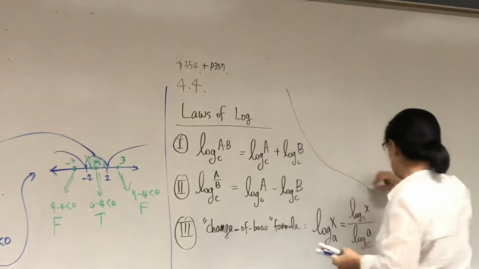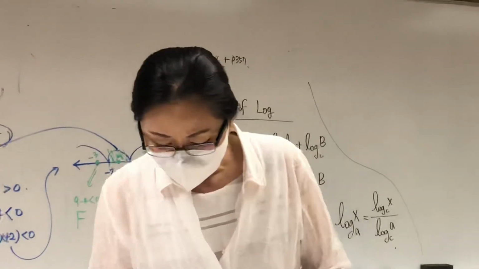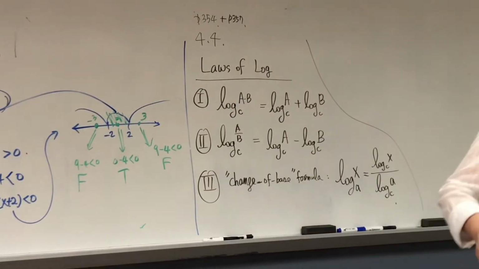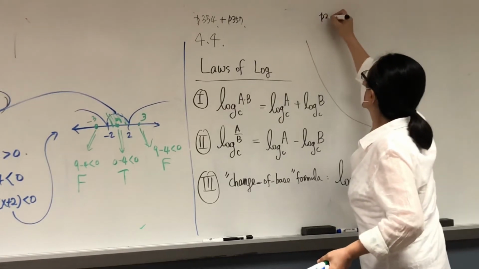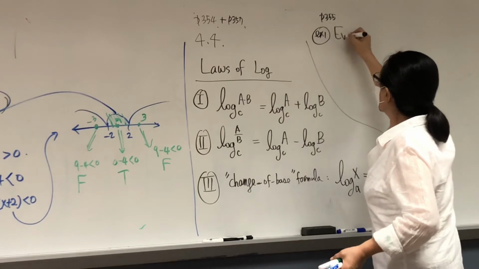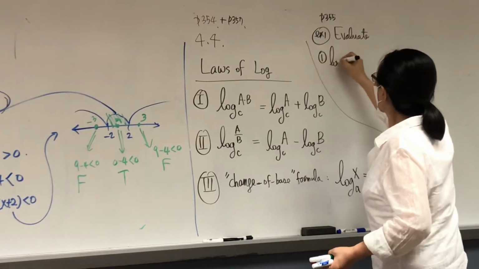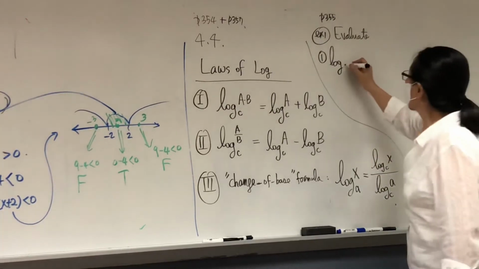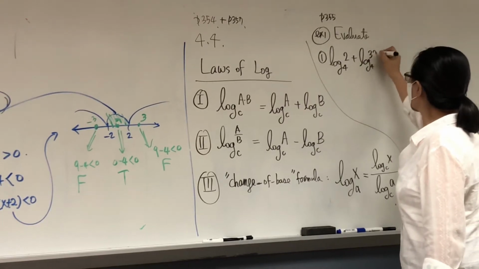What kind of things can we discuss? Okay, page 355. Evaluate log 4 base 2 plus log 4 base 32.